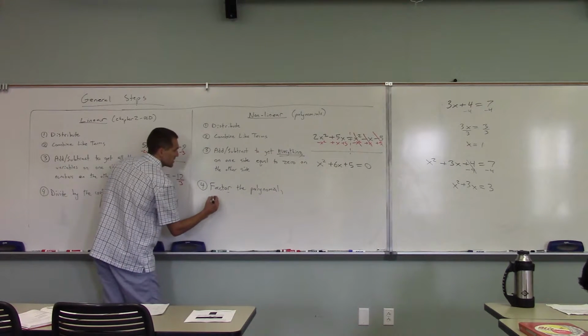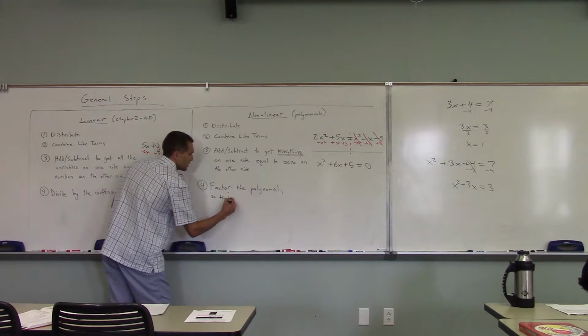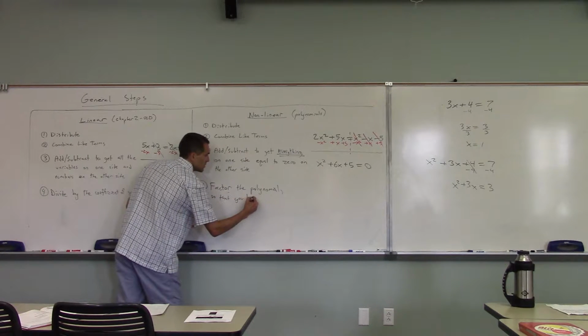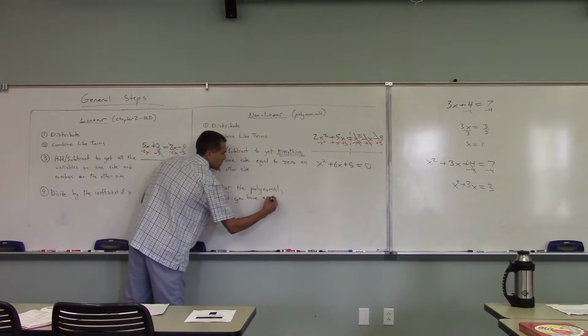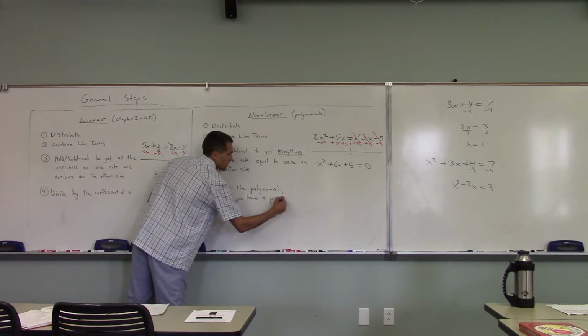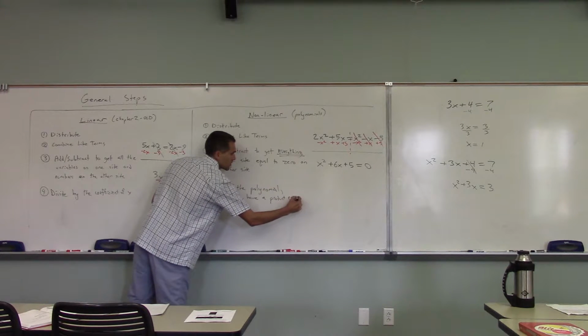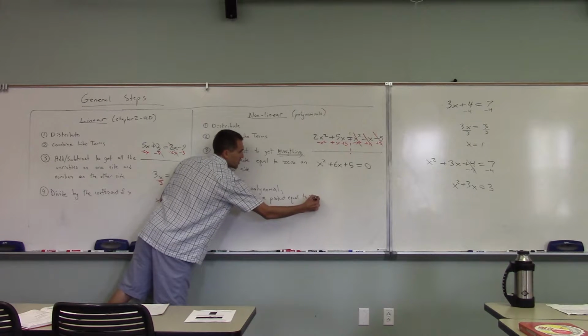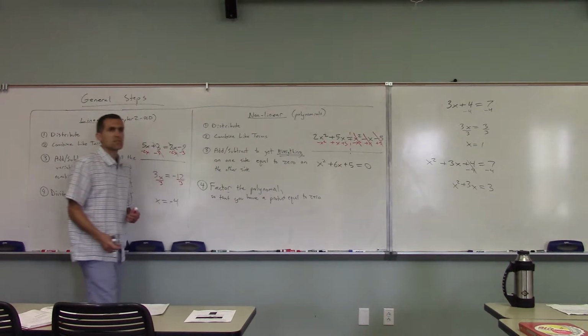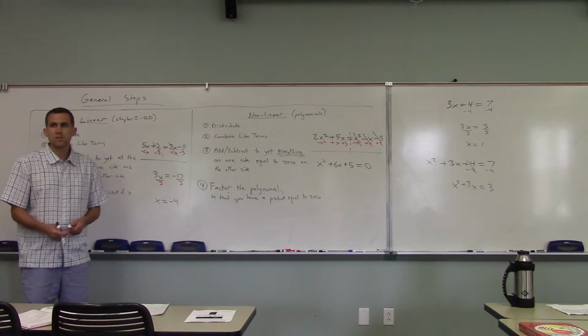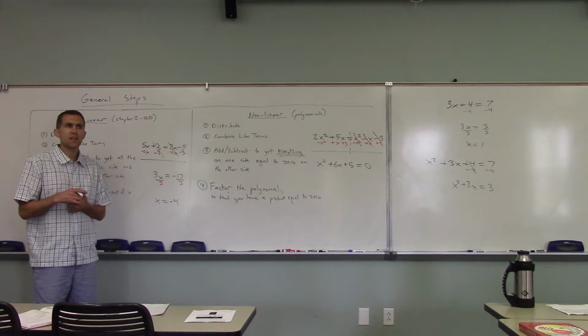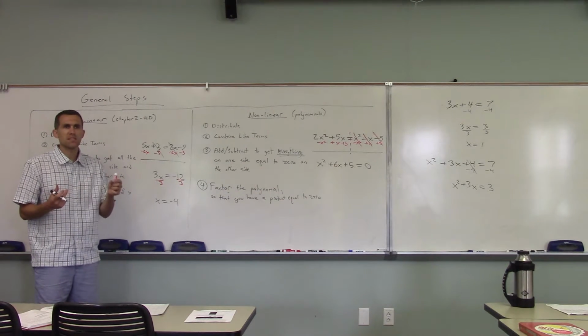And I'll even put the reason there, and the reason is so that you have a product equal to 0, right? Once you factor that left side, you have something times something equals 0.